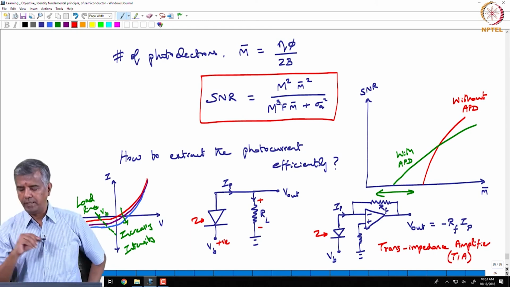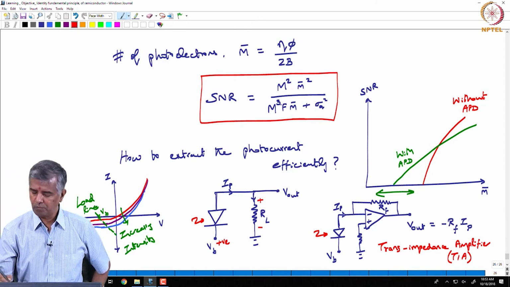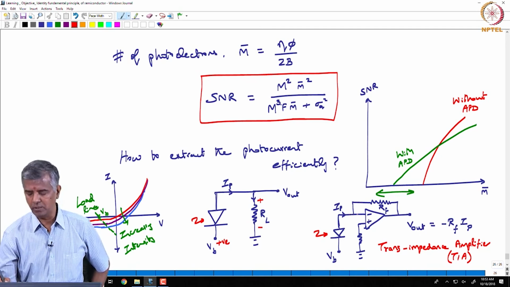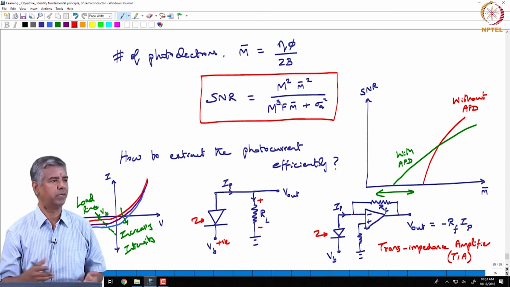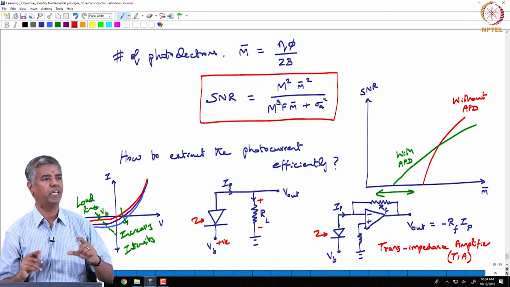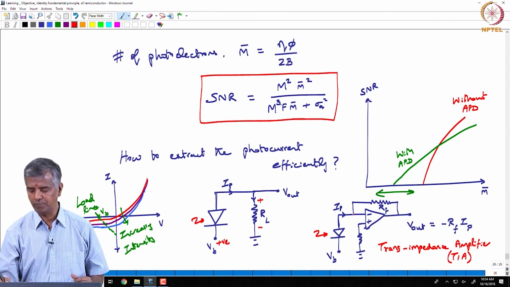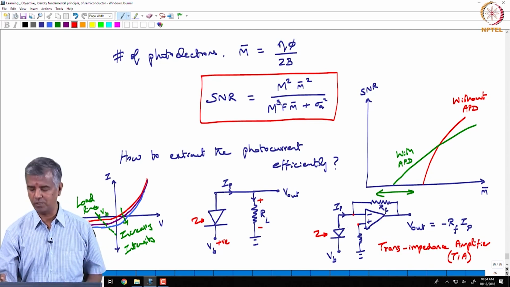Okay. In this case, what is different? What is different is you are trying to push a photocurrent into this op-amp. An ideal op-amp would not allow any current to flow into the terminals, right, and it will always try to keep the potential difference between both these points to be 0. How does it keep the potential difference to be 0?